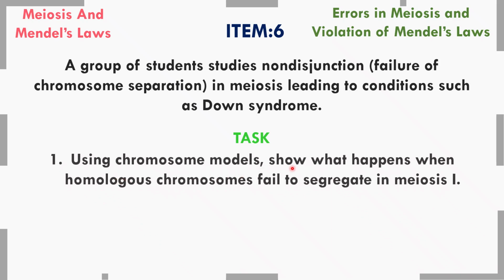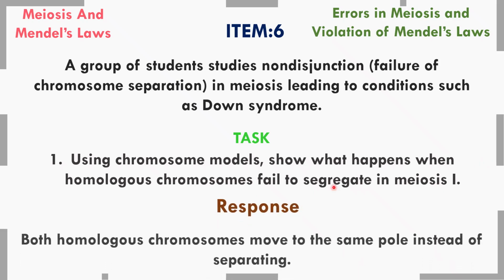Using chromosome models, show what happens when homologous chromosomes fail to segregate in meiosis 1. Both homologous chromosomes move to the same pole instead of separating.